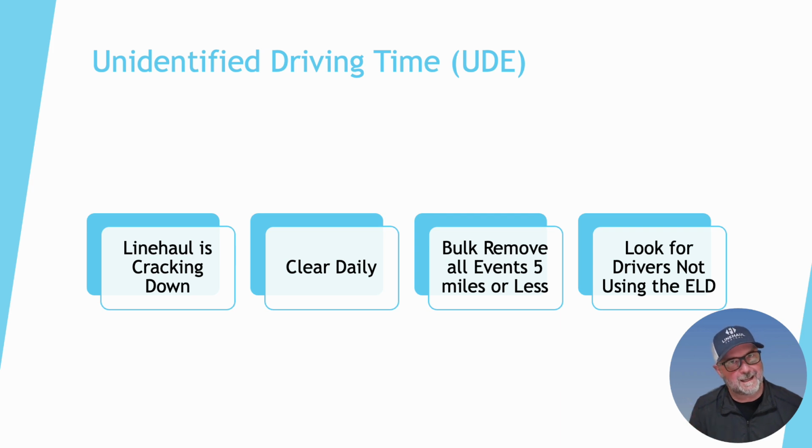If it cannot get a signal, it's going to throw these unidentified driving events, and you'll see it'll be 0.1, 0.2. The driver's going from one side of the terminal to the other side of the terminal and things like that. The good thing is that about 70 to 80% of the unidentified driving events on any given day are those little bitty micro moves where we don't have good cell signal.